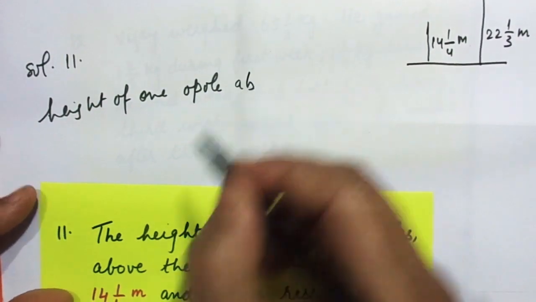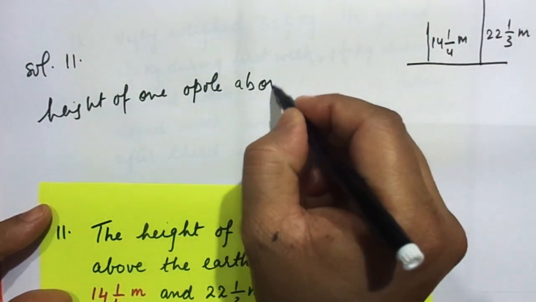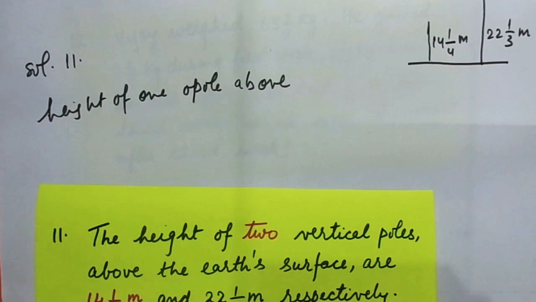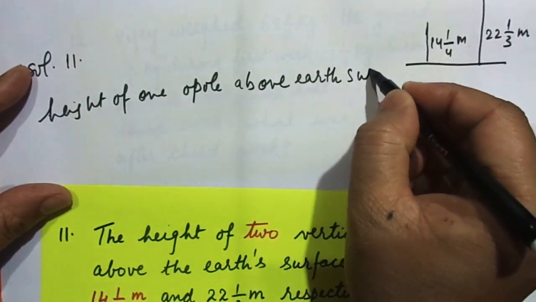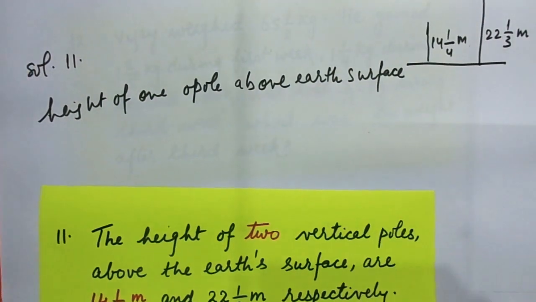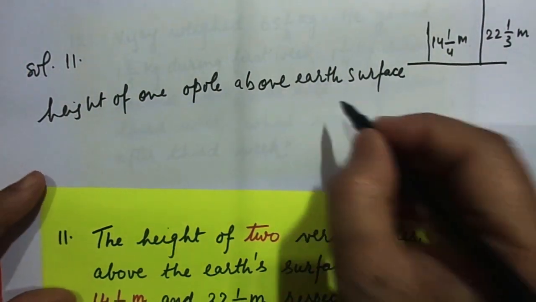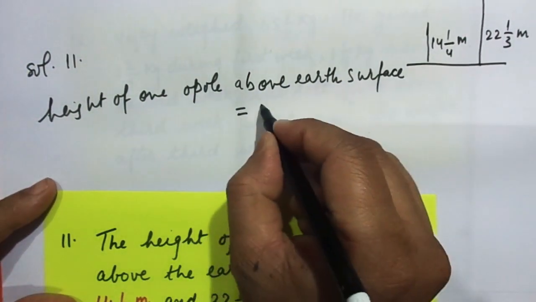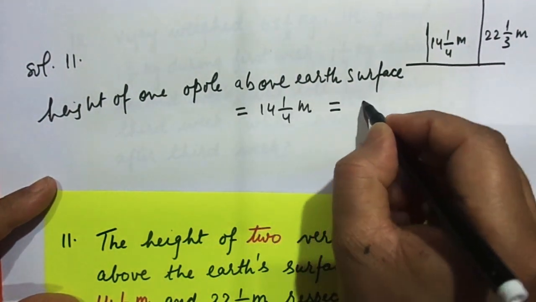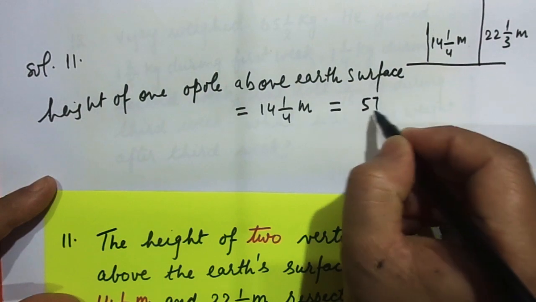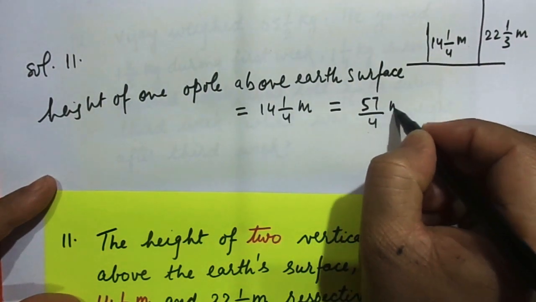Height of one pole above Earth's surface is equal to 14 1 by 4 meter. When we change it into an improper fraction, it will be 57 by 4 meter.